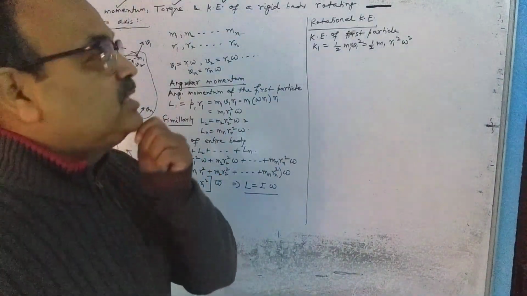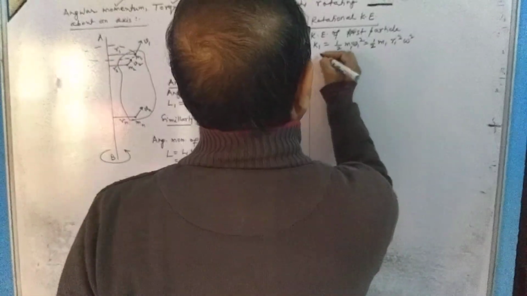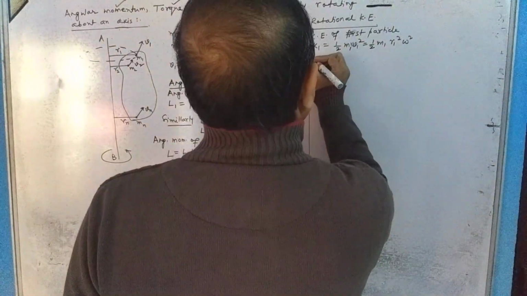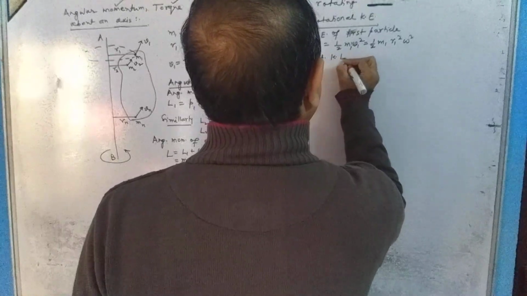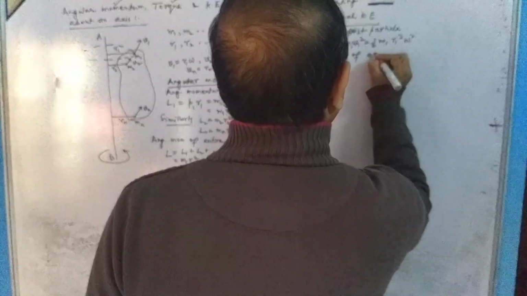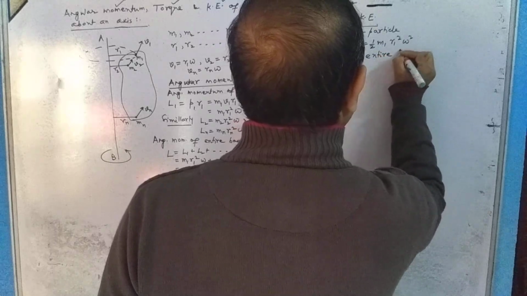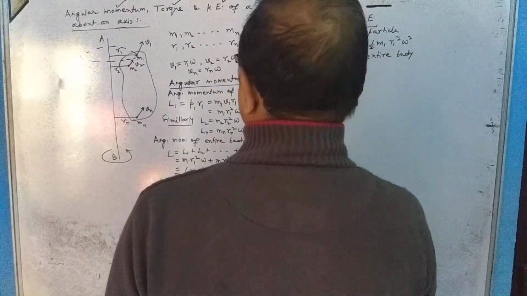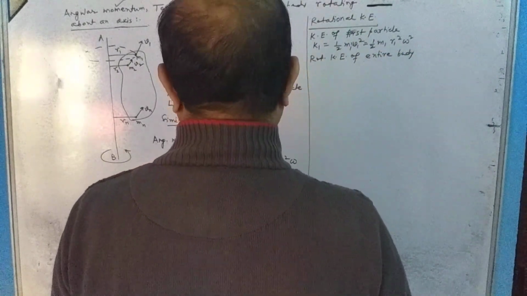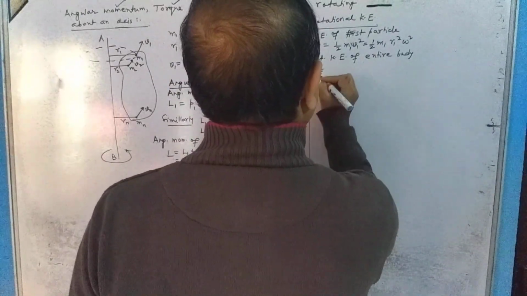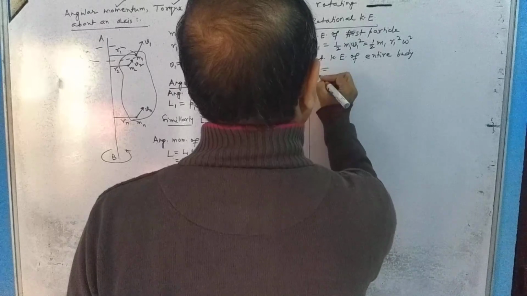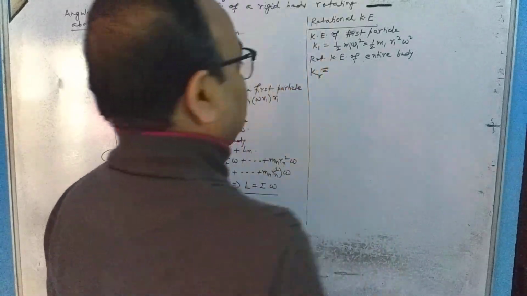Okay? So what we can write? Rotational kinetic energy of the entire body will be how much? Capital K R. I write a symbol here, capital K R, R for rotational.